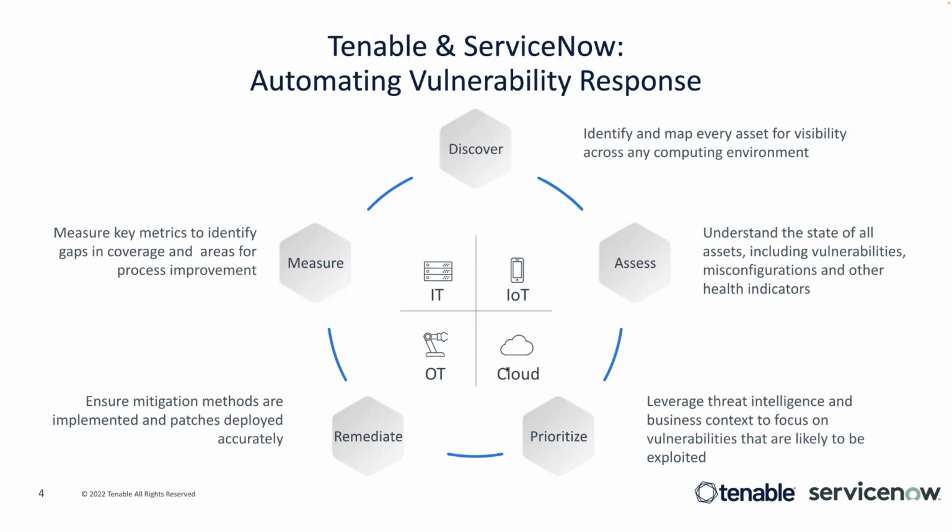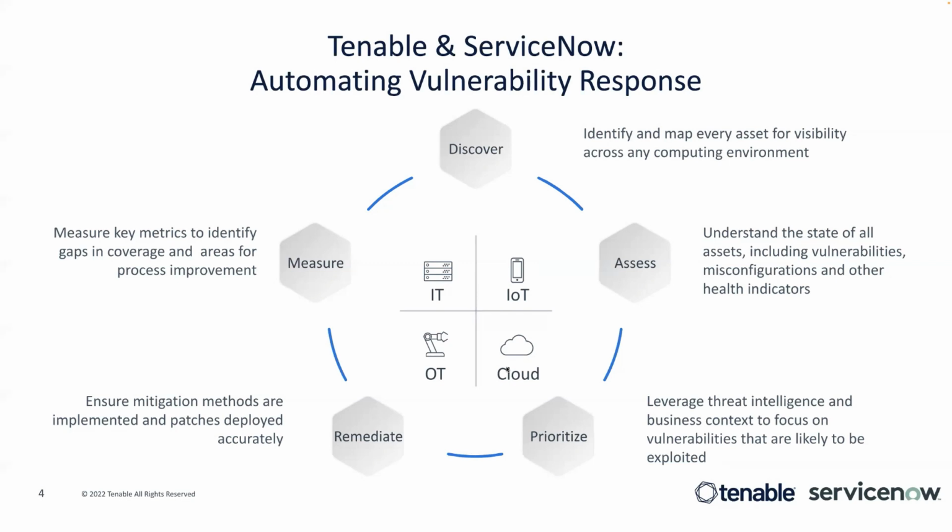And so we want to make sure that we rescan that machine and the vulnerability is actually gone, right? Maybe we didn't reboot the box and the vulnerability is still on the box, so we need to reboot it. So measuring is a secondary step just to make sure that the fix that was put in place actually did what we think it was supposed to, and we can report on that, make sure it's done.